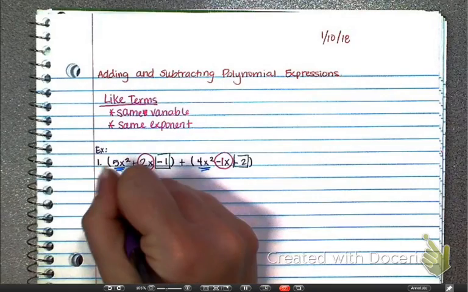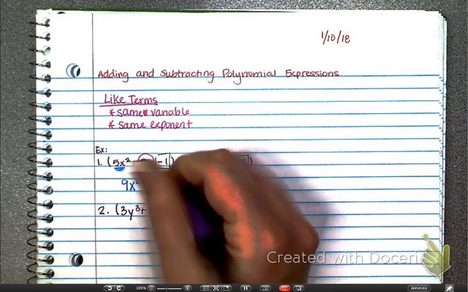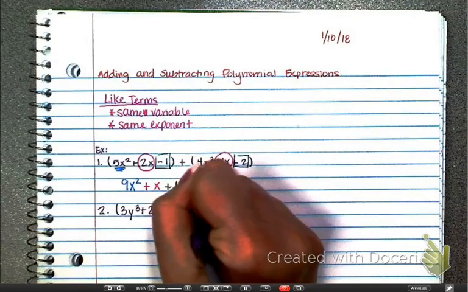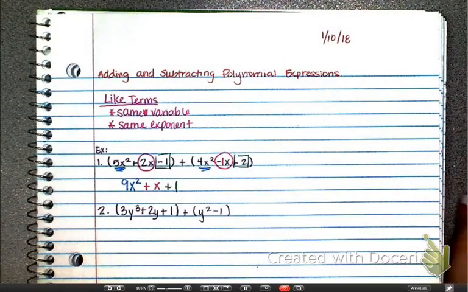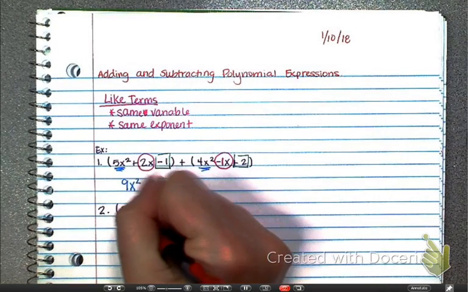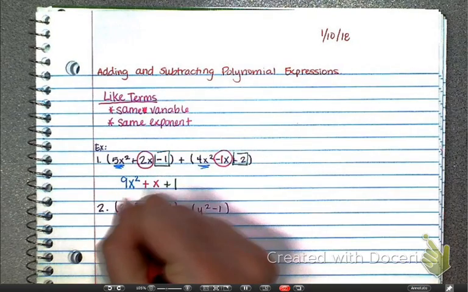Let's look at another example. So 3y to the third plus 2y plus 1 plus y squared minus 1. The highest term that I see here is this 3y to the third. Now there are no other y to the thirds, so I'm just going to rewrite that.